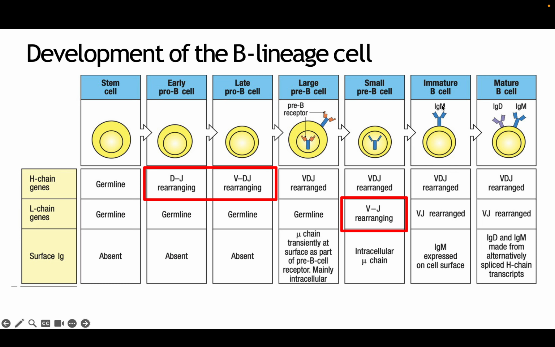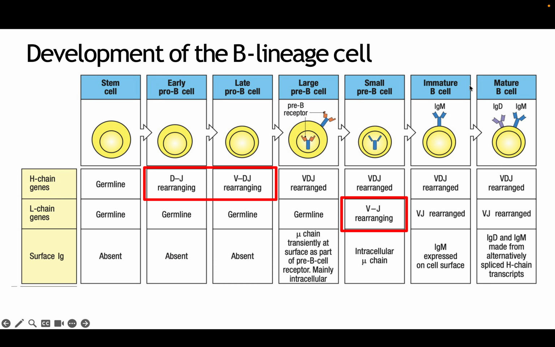And it's an IgM because the heavy constant domain is automatically the mu chain, meaning that it's IgM. So the first antibody that the B cell creates is always the IgM.